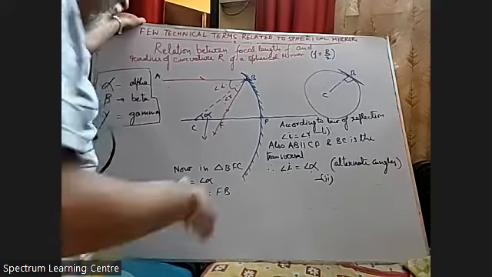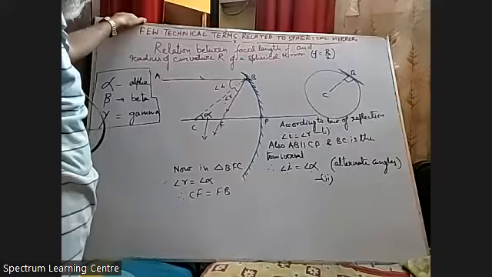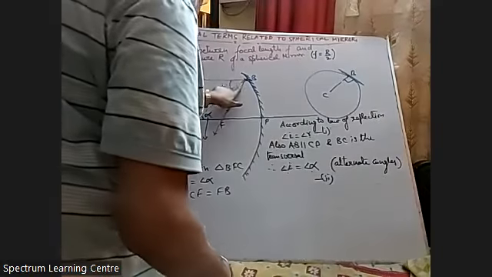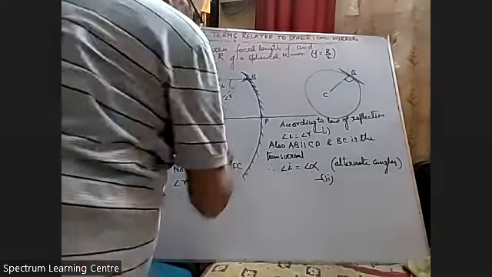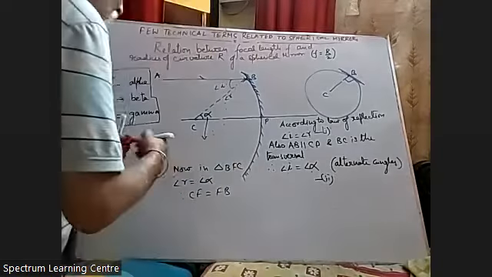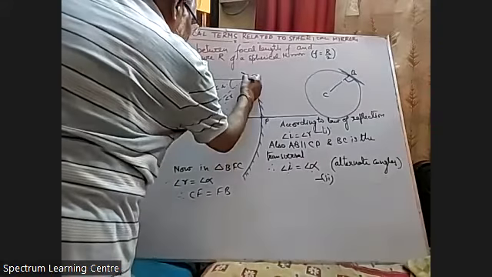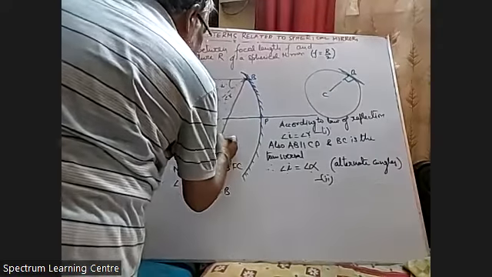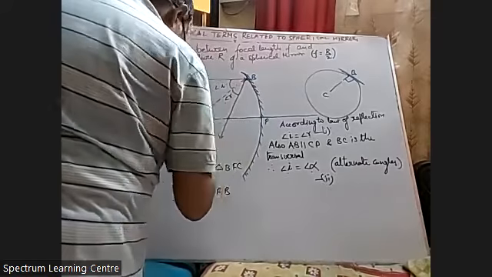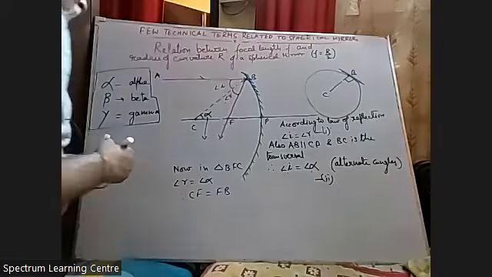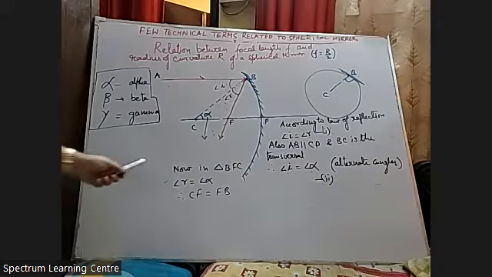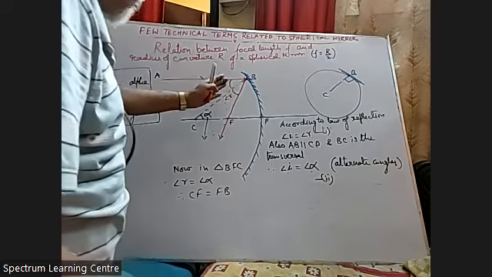Clear? Can I write CF is equal to FB? Actually, I have gone a little wrong. I should have placed this in the middle, which I have not done, hence it is looking a little odd. Now it's okay. CF is equal to FB, or not?